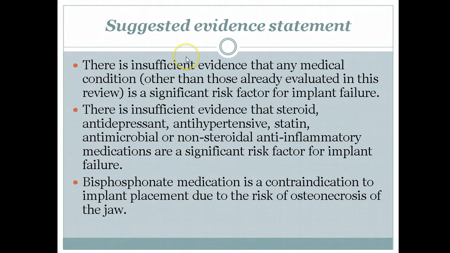So our suggestion based on the evidence: there is insufficient evidence that any medical condition other than those we actually talked about is a significant risk factor for implant failure. We're concluding based on what we reviewed so far. There might be something that wasn't part of this chapter that might be a risk, but for our part, all the conditions were talked about.